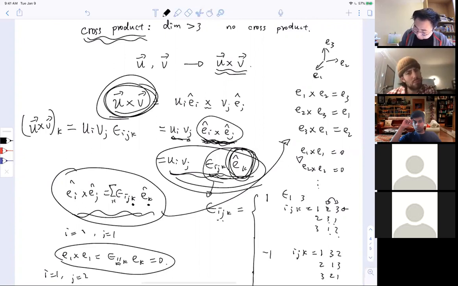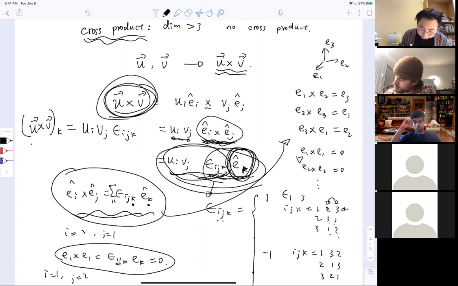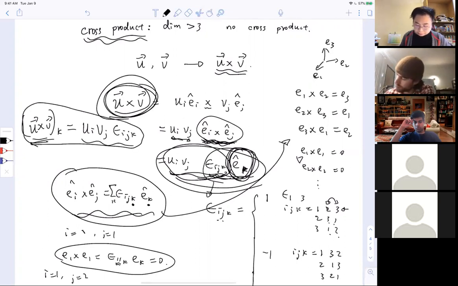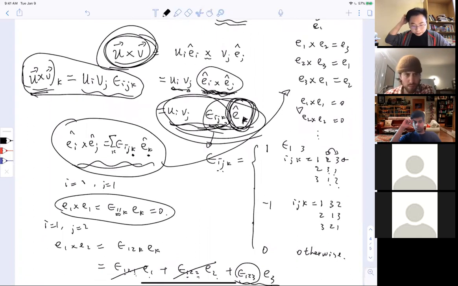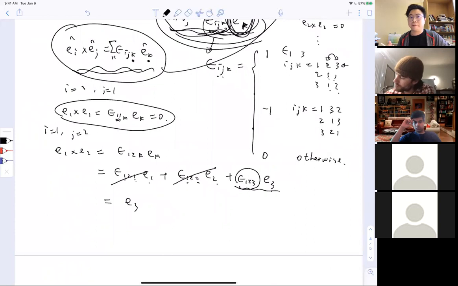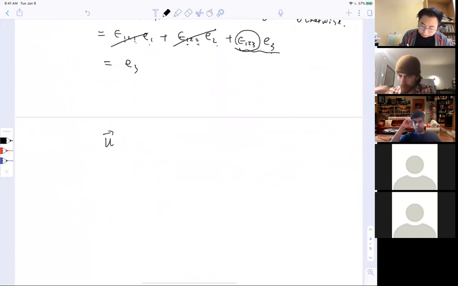Because this e_k corresponds to the k basis, so the coefficient corresponding to the k component. The k component of this cross product is this, and this result agrees with our Euro definition.